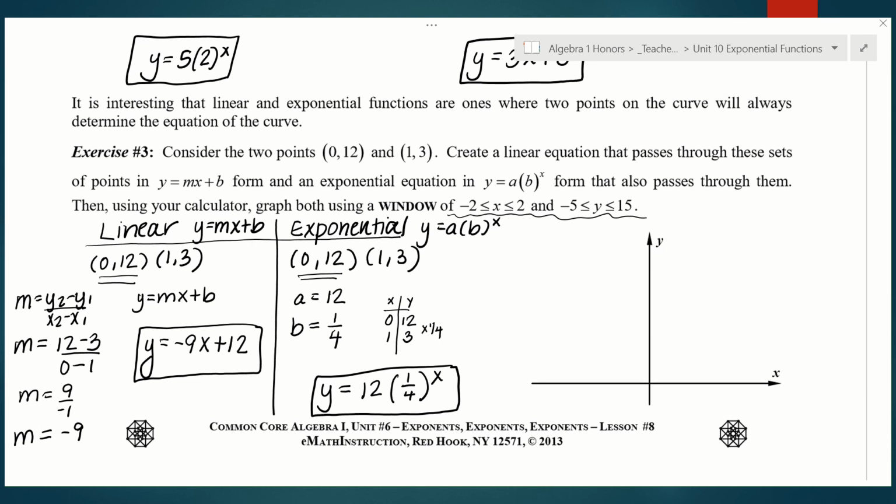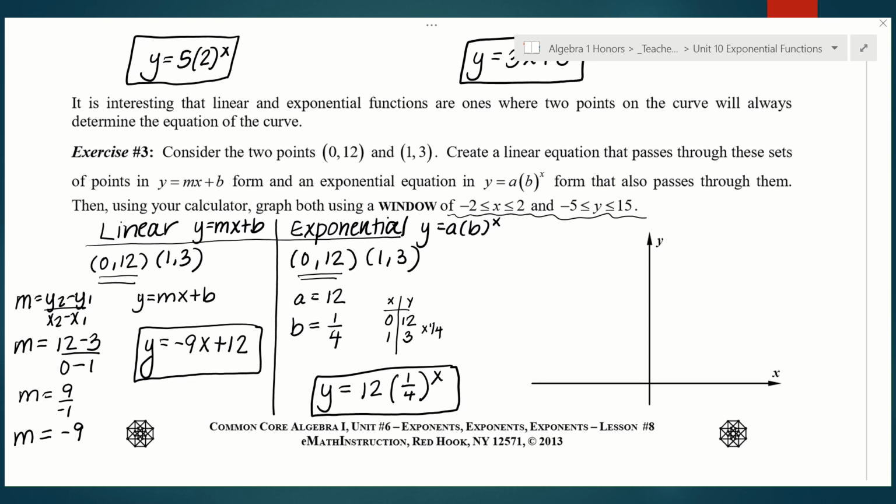Then we're going to go down to y-min, and we're going to make that -5. Then we go to y-max, and we're going to make that 15. Once you have that, you should be able to see a nice little graph here.